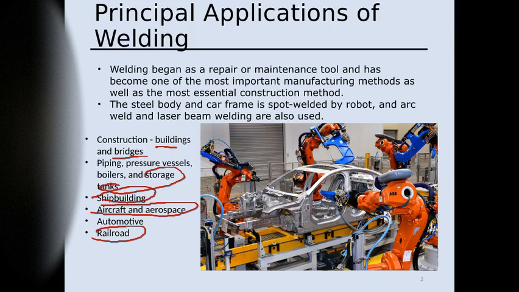You see, the automotive industry is using spot welders. All these robots have a spot welder gun. These blue parts are spot welder guns that are used for joining sheet metals together to assemble the automotive body.